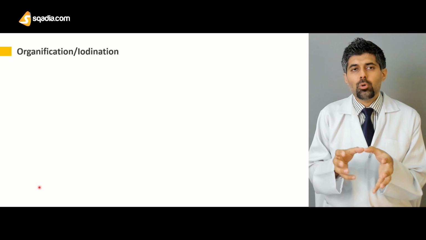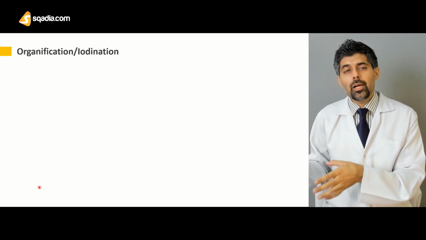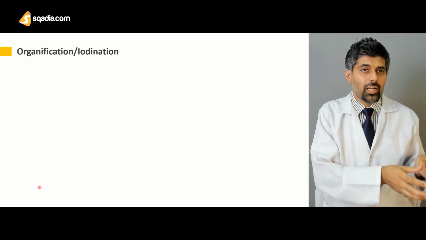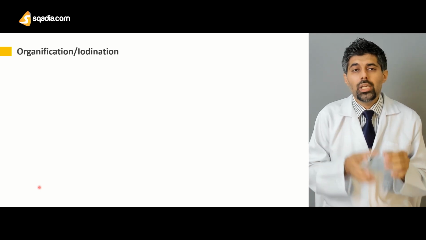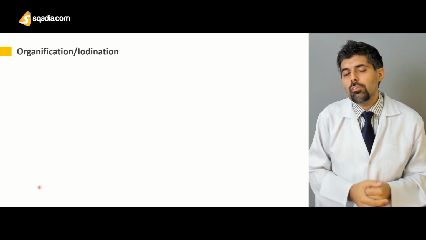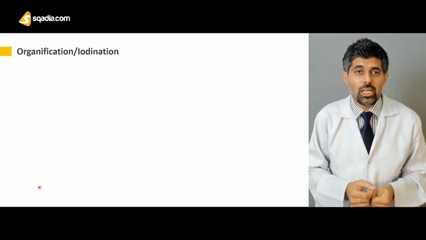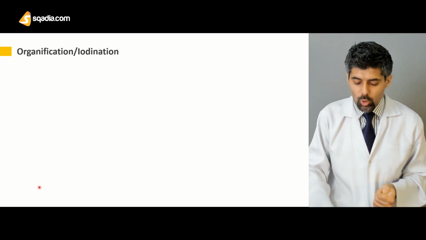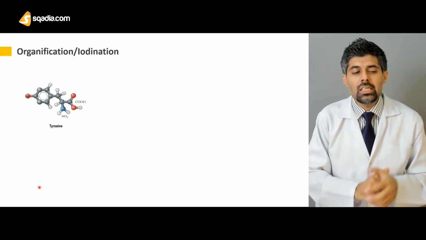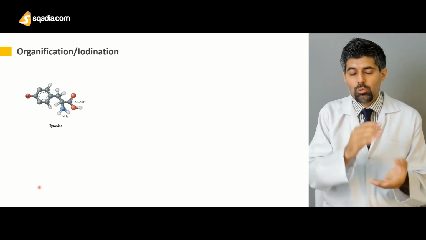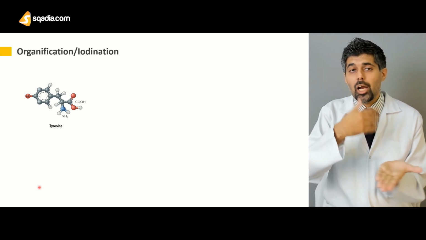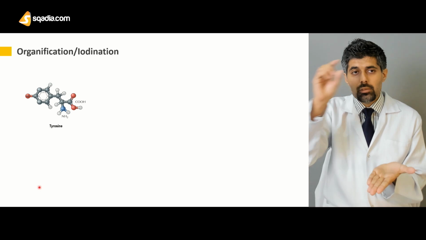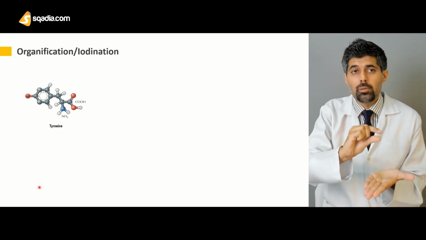Now, this process where the iodine reacts with the thyroglobulin with the help of thyroid peroxidase is known as organification, or iodination. Because of this, the tyrosine residues found on the thyroglobulin start to get iodinated. The iodine atom starts to attach to them.